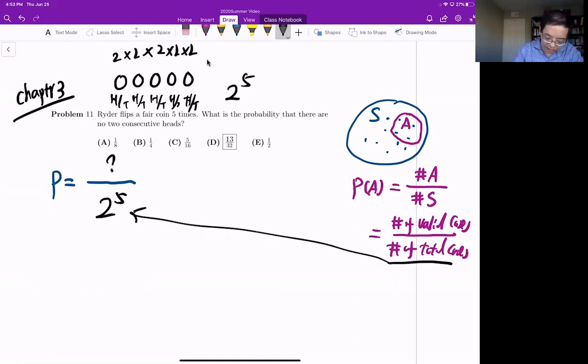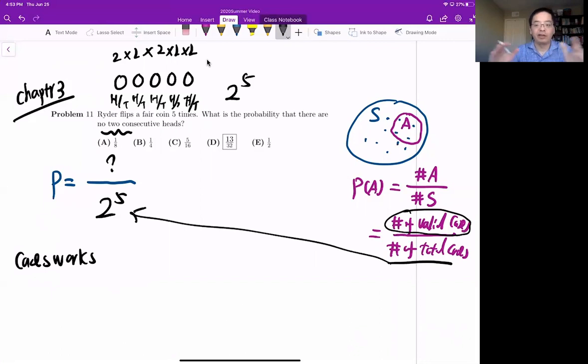Now you just need to figure out the good cases, the number of valid cases. Valid cases means those arrangements where there are no 2 consecutive heads. So we can do casework in terms of the number of heads.